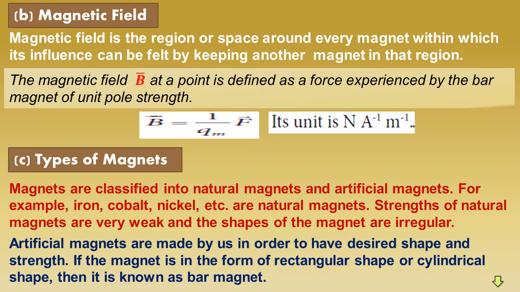Let me explain something about this bar magnet. A bar magnet has some properties that are quite similar to those of an electric dipole, which I showed you in the earlier slide.